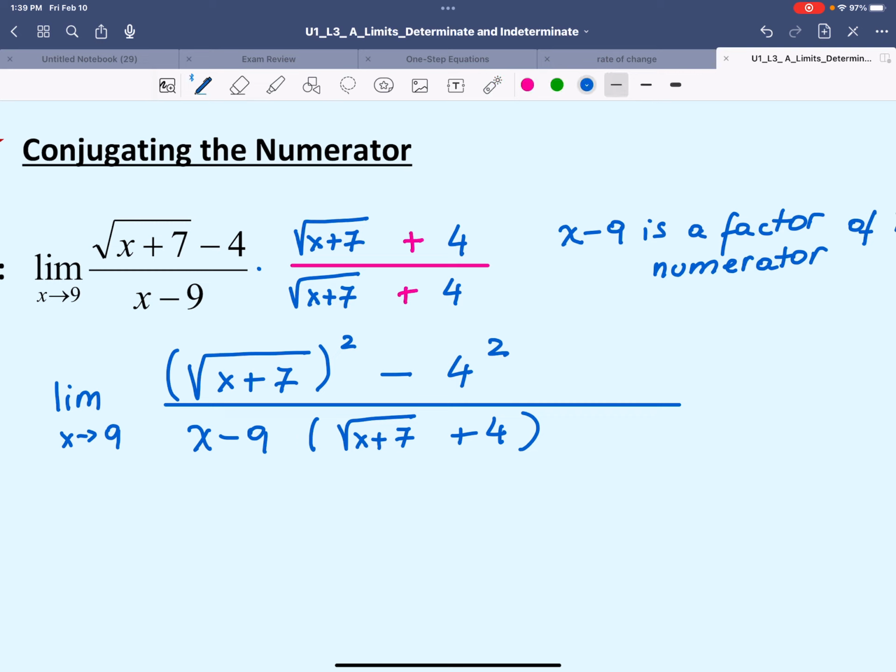Another thing is that x minus 9 has to be inside brackets, because look at what happens if we don't: it seems as if only 9 is multiplying the binomial. But as a matter of fact, the entire denominator x minus 9 is multiplying the conjugate, which is the root of x plus 7 plus 4.